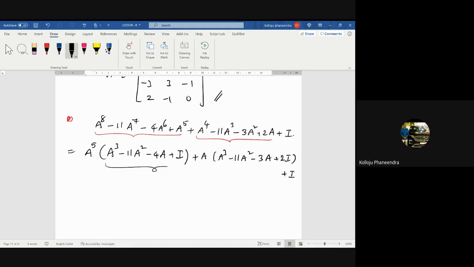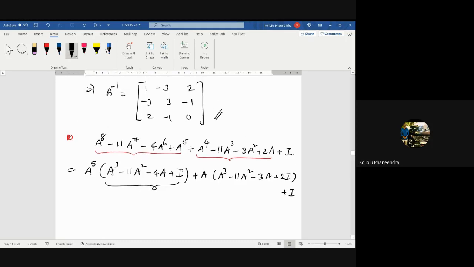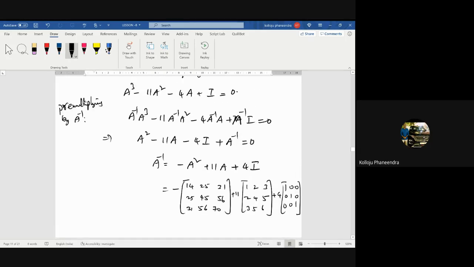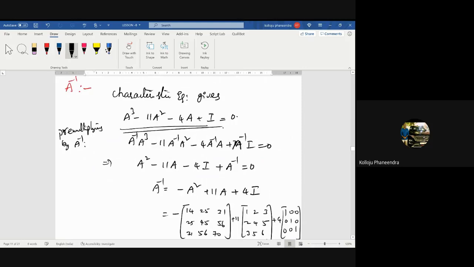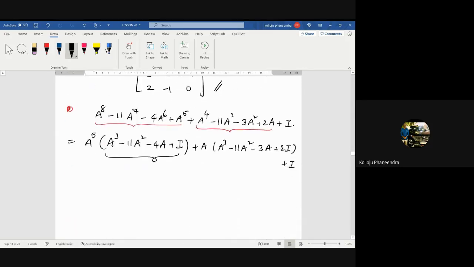And what is this expression, from the Cayley Hamilton theorem, A cube minus 11A square minus 4A plus I? Exactly what is this value? 0.